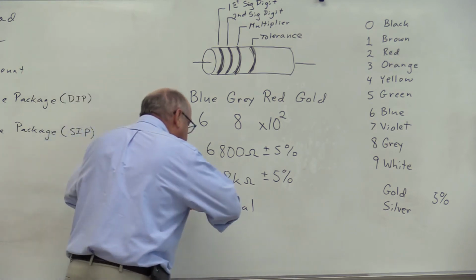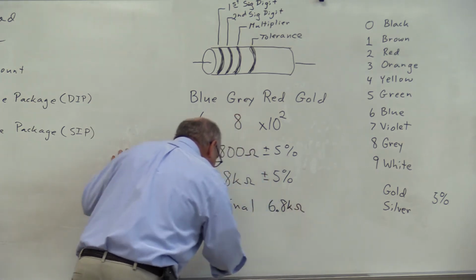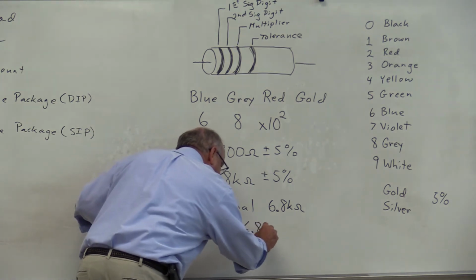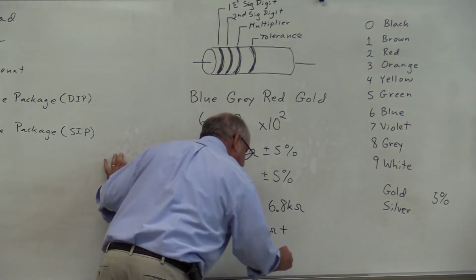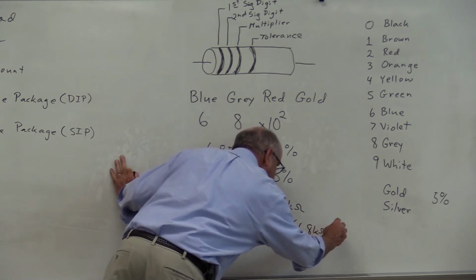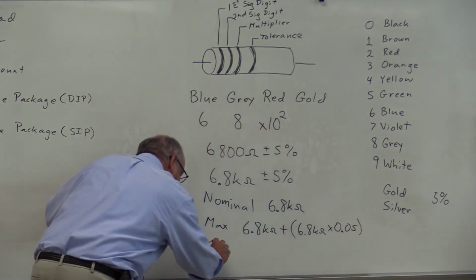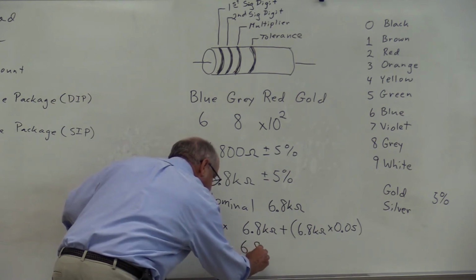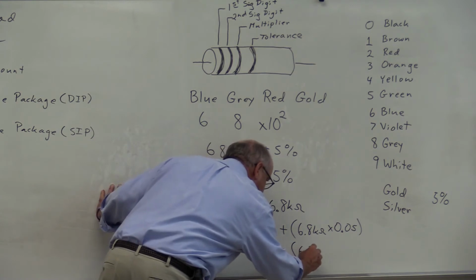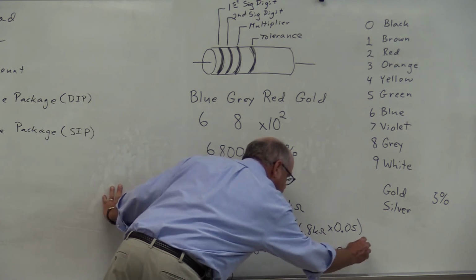So the maximum value will be 6.8 k ohms plus 6.8 k ohms times 0.05, and the minimum value will be 6.8 k ohms minus 6.8 k ohms times 0.05.